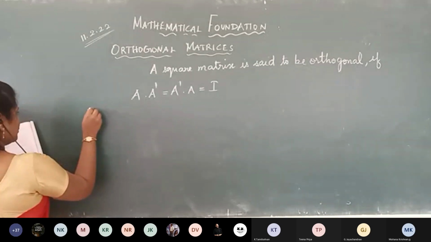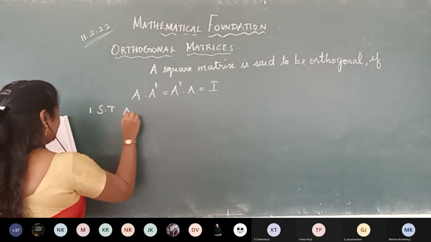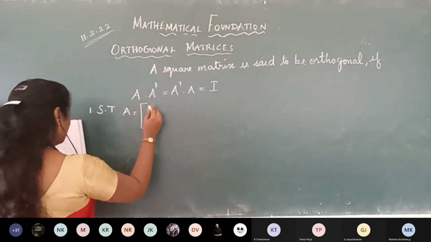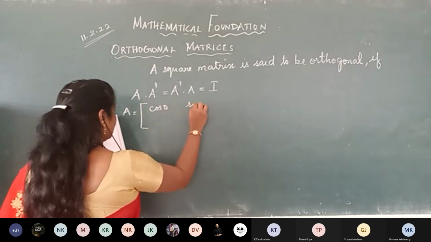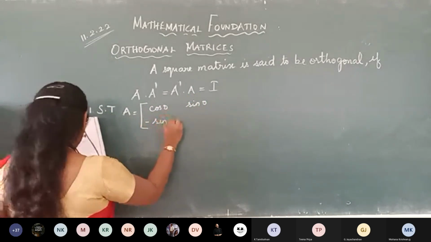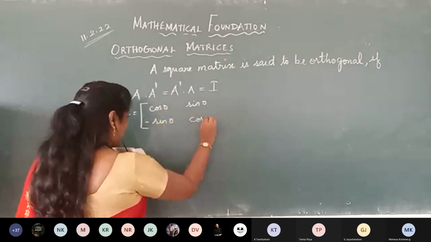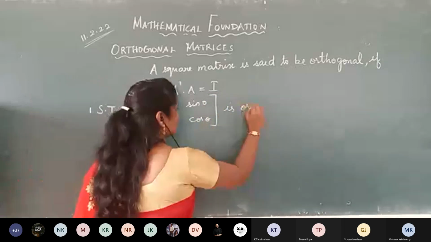Write this problem. Show that the given matrix A is equal to cos theta, sin theta, minus sin theta, and cos theta is orthogonal.